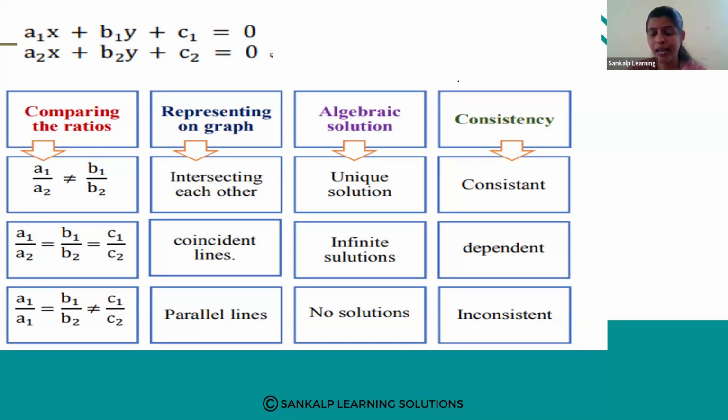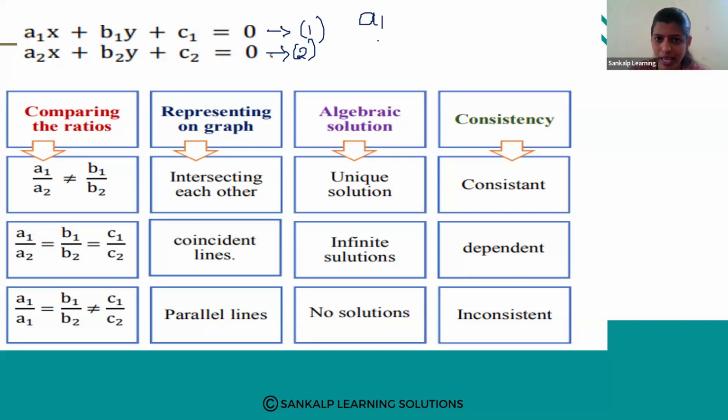We can find out what kind of graph we will get by comparing the ratios also. So the first equation is a1x plus b1y plus c1 equal to 0. This is equation number 1. And a2x plus b2y plus c2 equal to 0. This is equation number 2, right? So when you compare the ratios, what will you get?